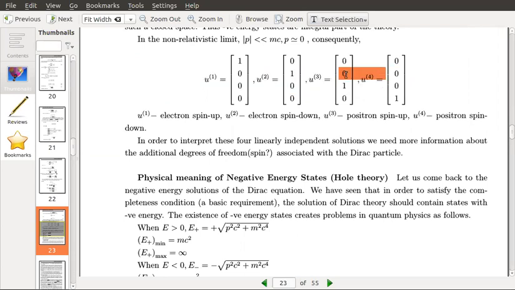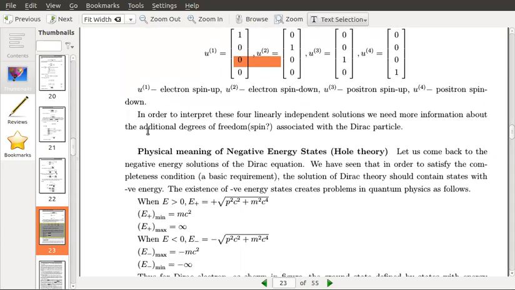Later we will see what a positron is, and then you can accept these last two solutions as the existence of positrons, antiparticles. So these two are particles and these two correspond to the antiparticles. So particle and antiparticles together form the complete closed Hilbert space.